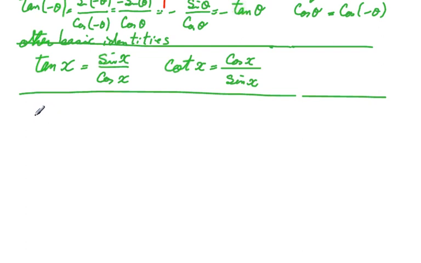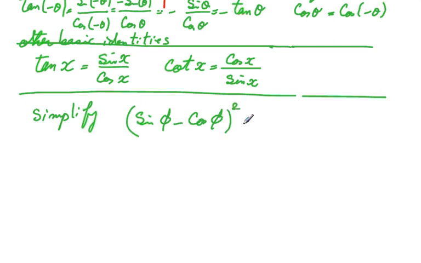Here, one example. It says simplify. This is sine of phi minus cosine of phi squared. Now, this is one of those mysterious commands in mathematics. Simplify. What do you mean, simplify?